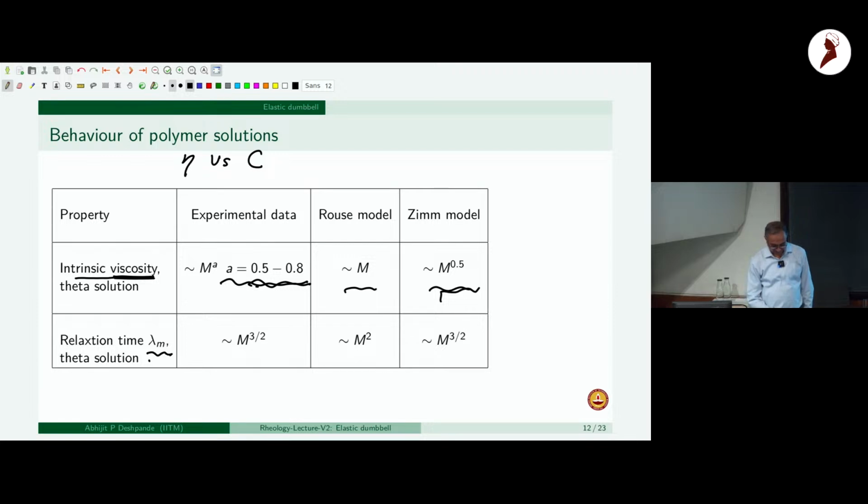Similarly, for the longest relaxation time and its dependence on molecular weight, what's observed experimentally is what is predicted by Zimm. So therefore, the Zimm model provides a fairly satisfactory description of polymer solutions.